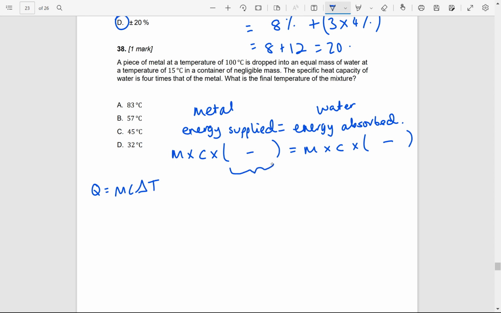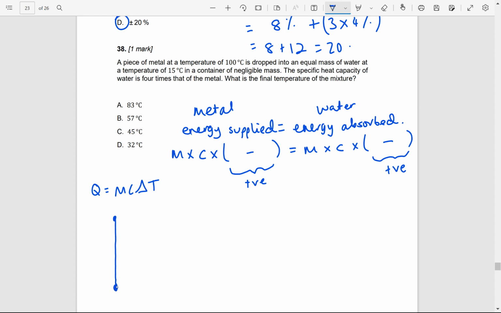So for this to work, this number needs to be positive, and this number needs to be positive, because we can't have a positive equaling a negative. So we have to work the numbers inside the brackets, put them in the correct places so that they work out positive. All right. So it starts off at 100.